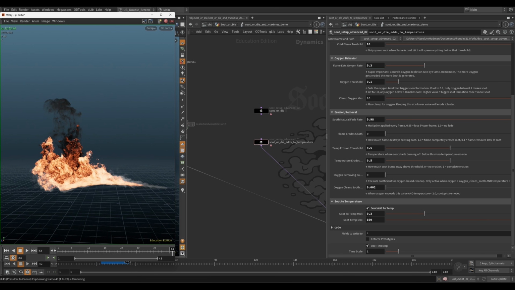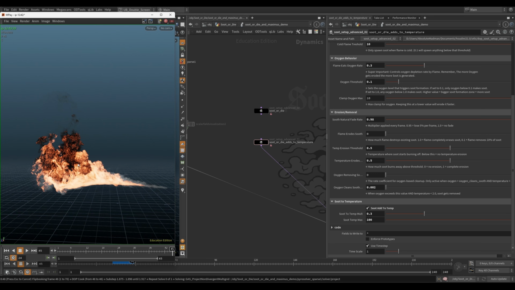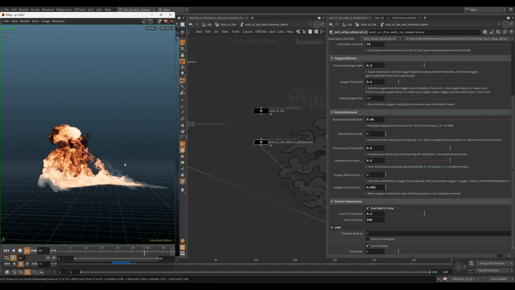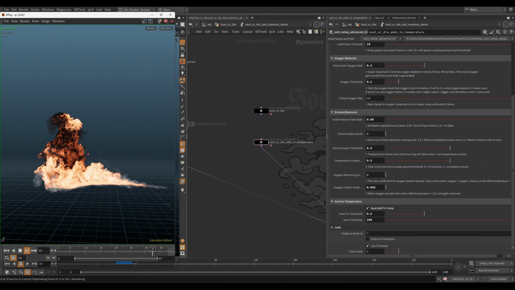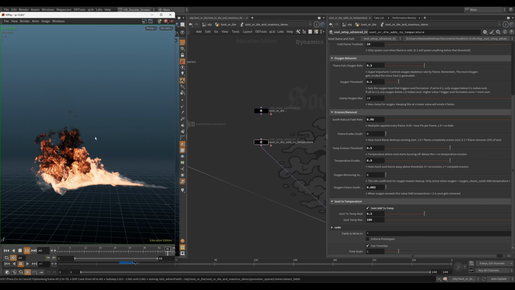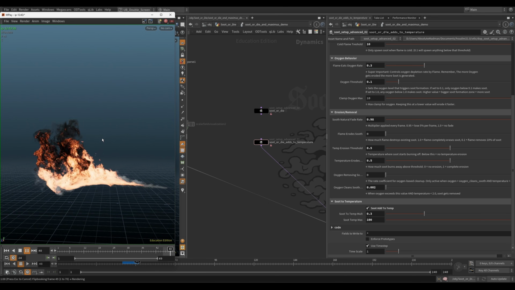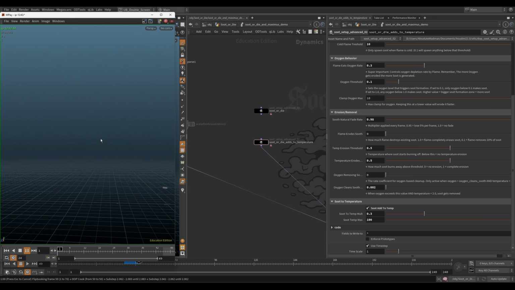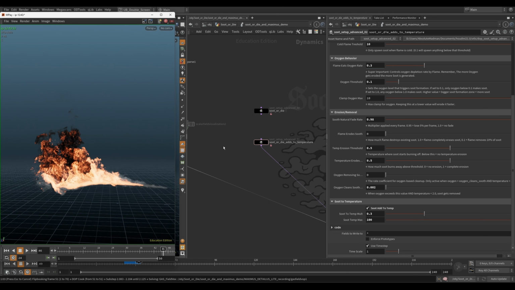And this is what I think was missing from a lot of the flamethrowers so far in CG. And I think a combination of this is the solution. So yeah, that works.